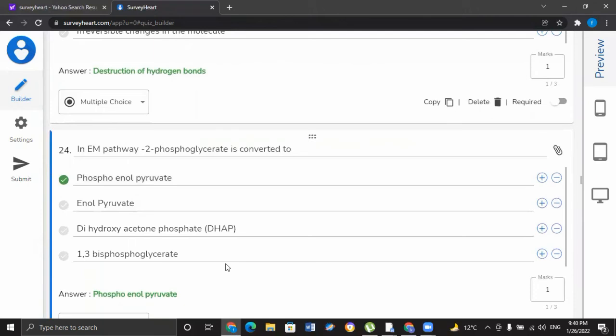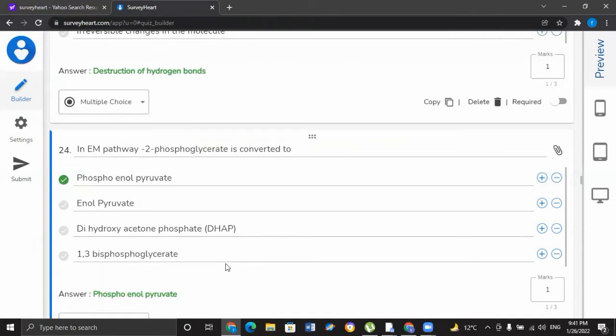In the EM pathway, 2-phosphoglycerate is converted into. The EM pathway, the Embden-Meyerhof-Parnas pathway, is another name for glycolysis.